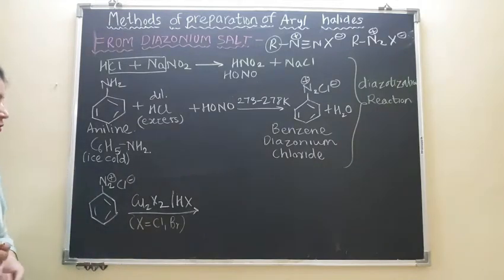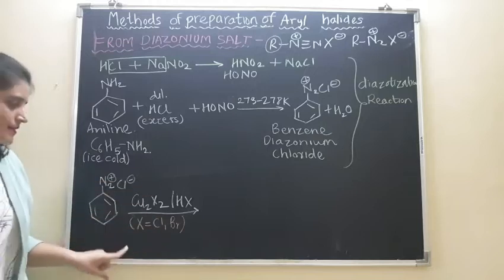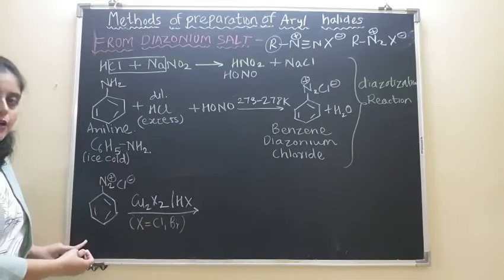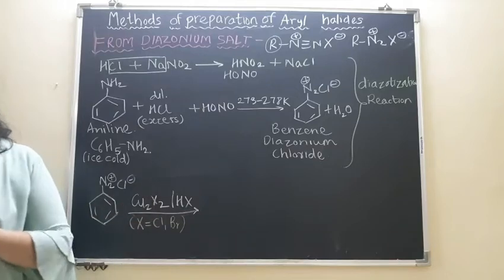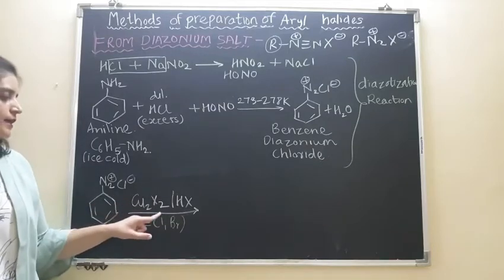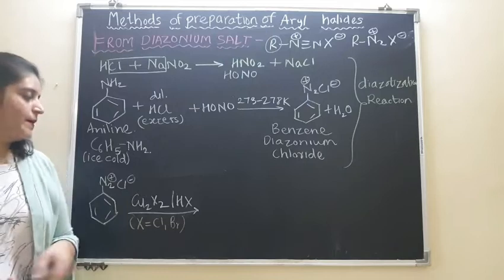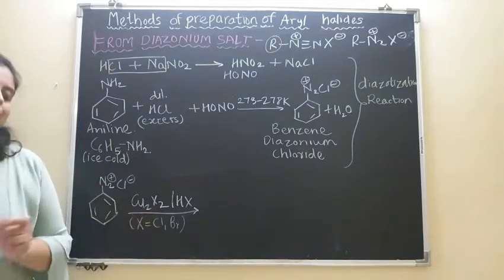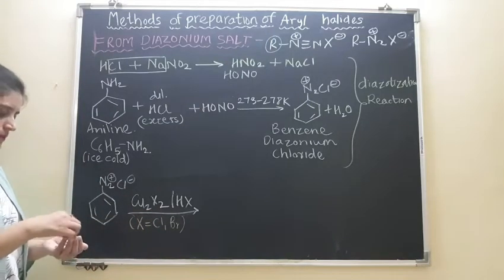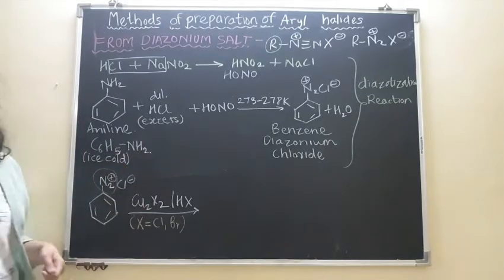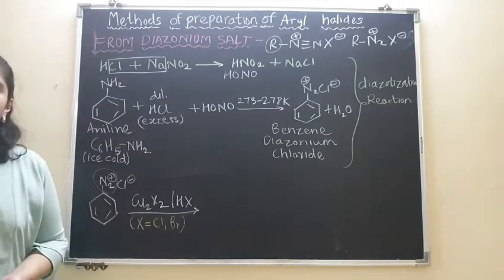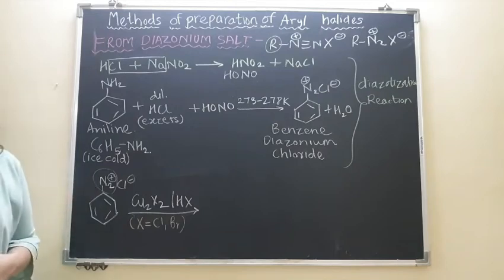Now we are going to make this benzene diazonium salt react with Cu2Cl2 for preparation of chlorobenzene and Cu2Br2 for preparation of bromobenzene. What is going to happen is there will be formation of nitrogen gas because we have N2 over here.